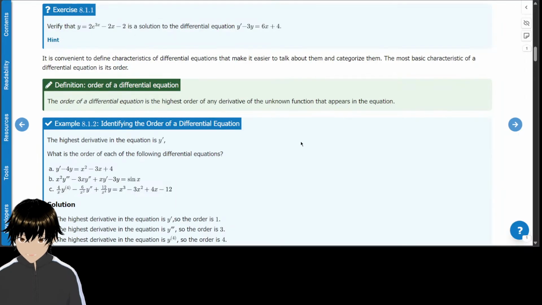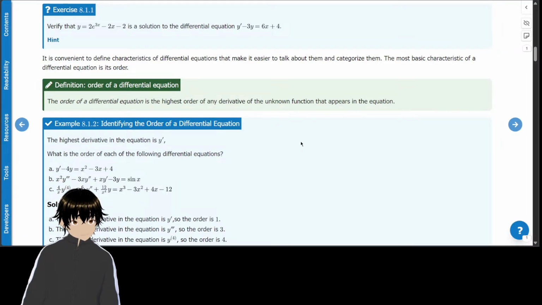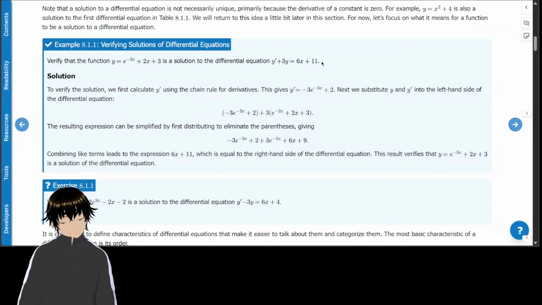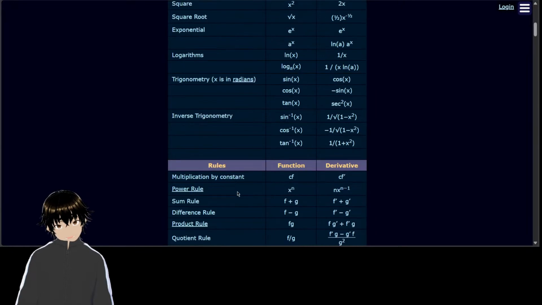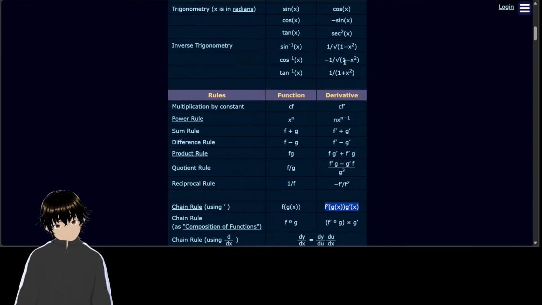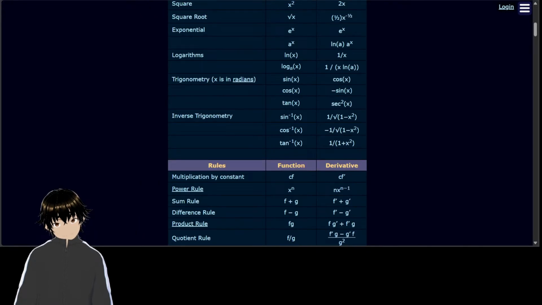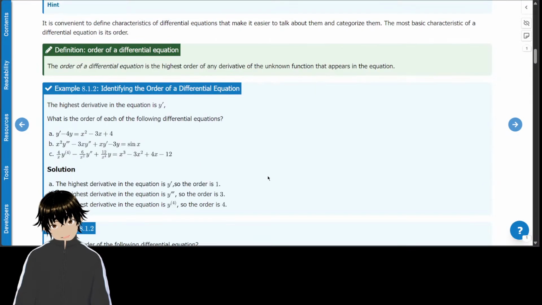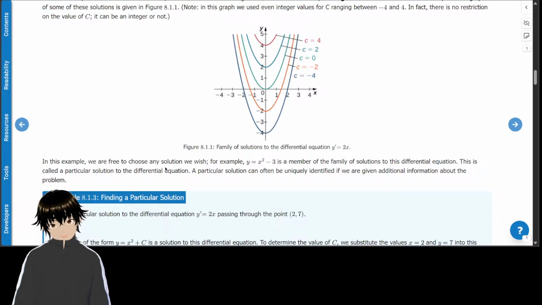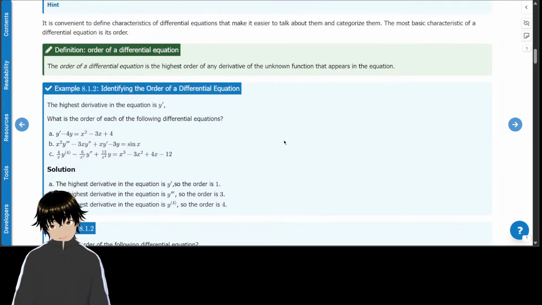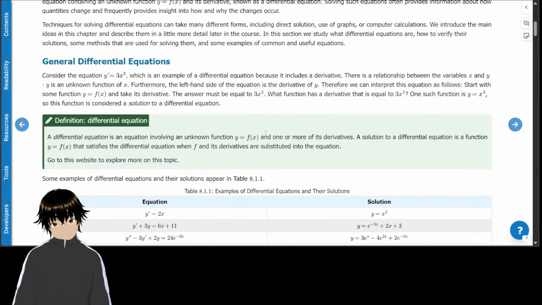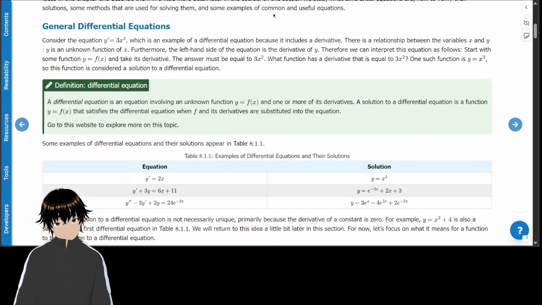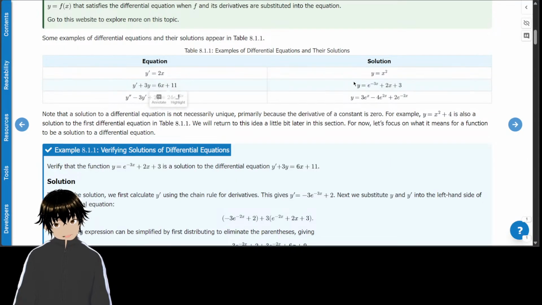Differential equations, God damn. My basics on derivatives and integrals are very wobbly, and I haven't even memorized all of this. So differential equations are going to be very hard for me. So I guess I'll just go back to derivatives and integrals again.